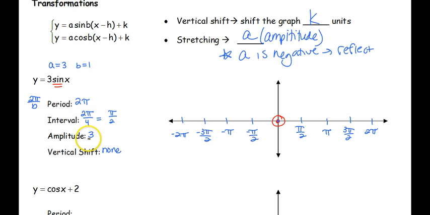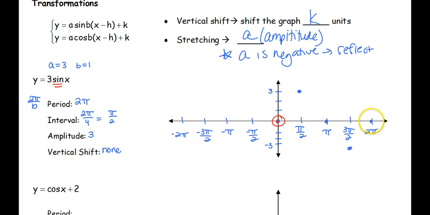So what I have to do is take that amplitude and multiply it by 3, which means instead of 1, 1 times 3 is 3. Now that's going to be the upper point of my graph. Then we go up, down, down, and then we have to go down to 3, negative 3. Oops.